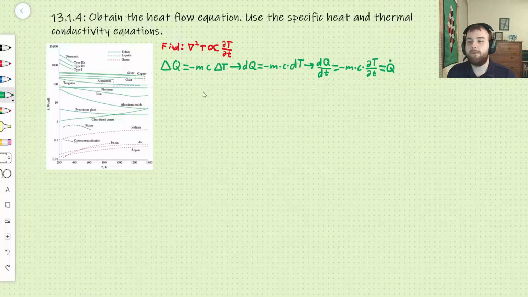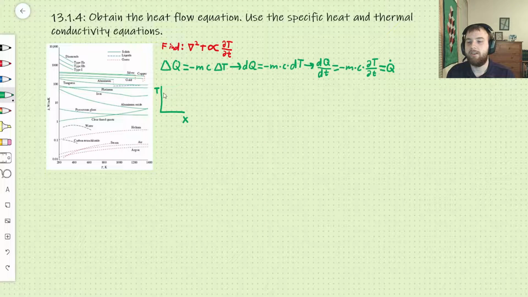And now we're going to use the thermal conductivity equation. So the second law of thermodynamics tells us that heat flows from a hot place to a cold place. So let's say we have some sort of thing where this is our temperature axis and this is our distance, like an x-axis.